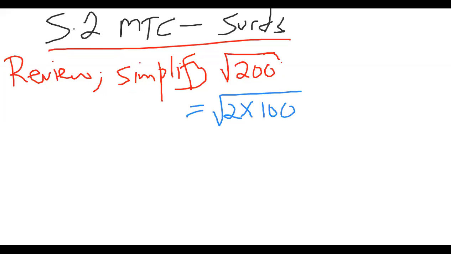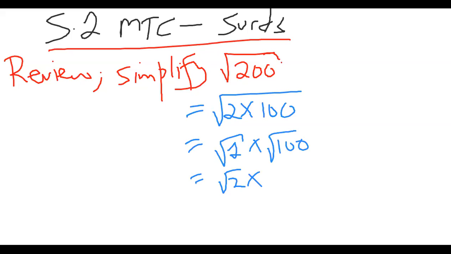You cannot express the square root of 2 as a rational number or as a recurring decimal or as a fraction, so simply leave the square root of 2 under a root. So this is the same as the square root of 2 times the square root of 100. This is the same as square root of 2 times 10. This is the same as 10 square root of 2. So that is the answer that I expected you to have written.